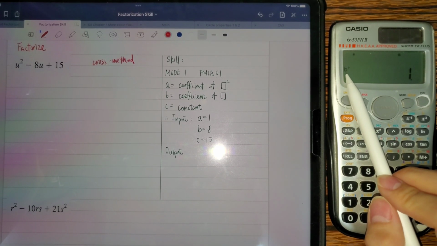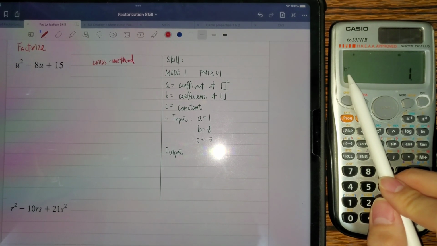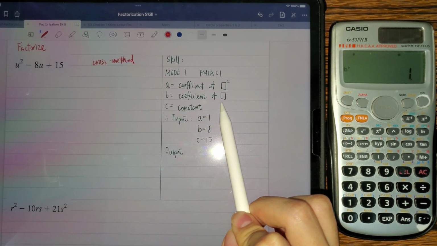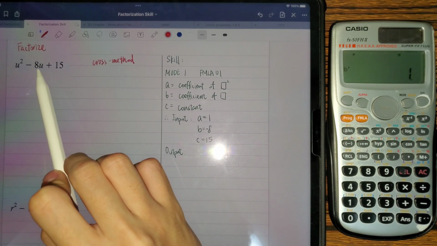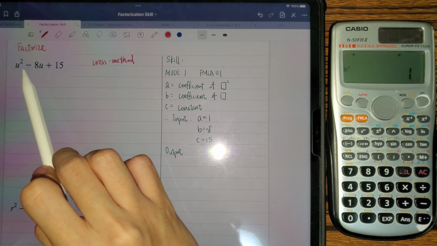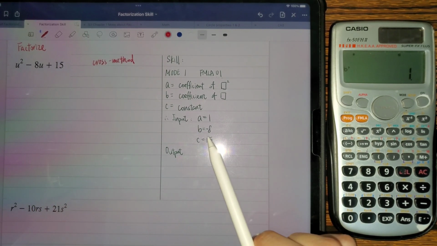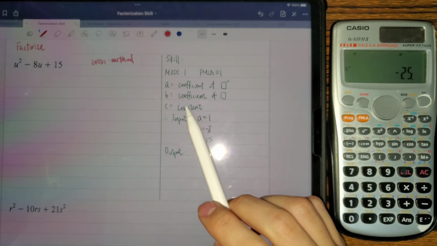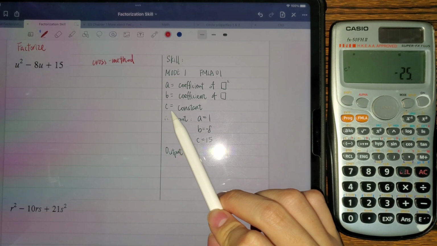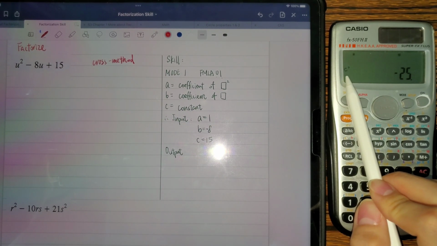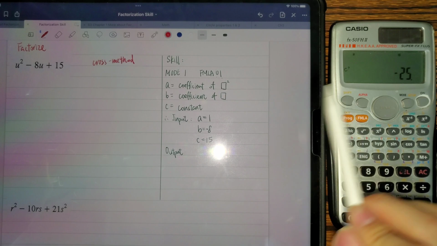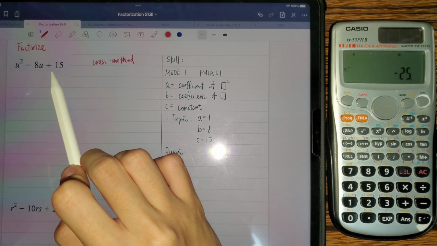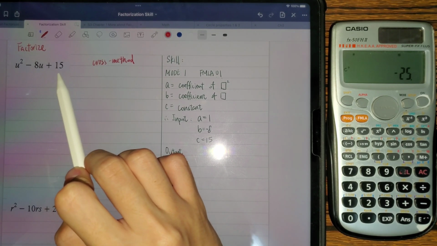Then it asks you about B. B will be the coefficient of u. So today your B will be -8. Then the calculator asks you about C. C will be the constant, which here will be positive 15.